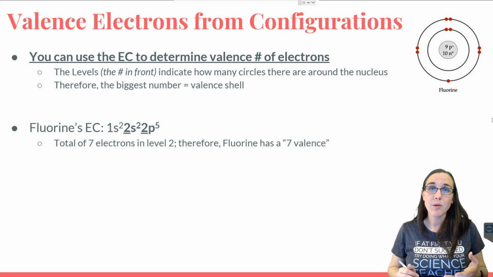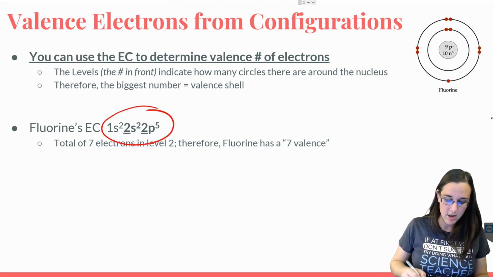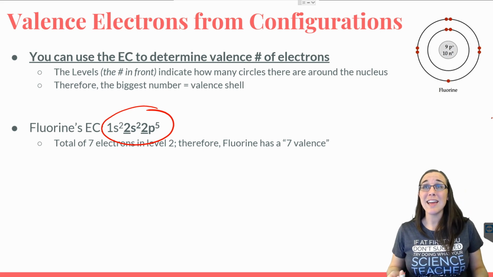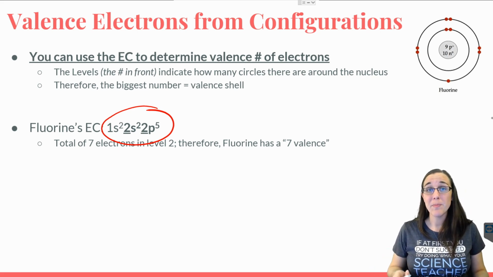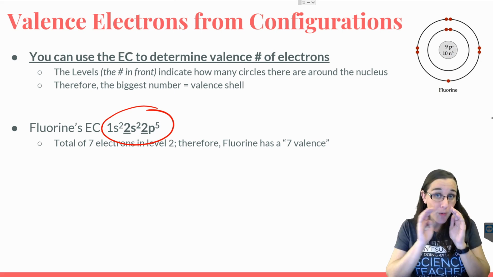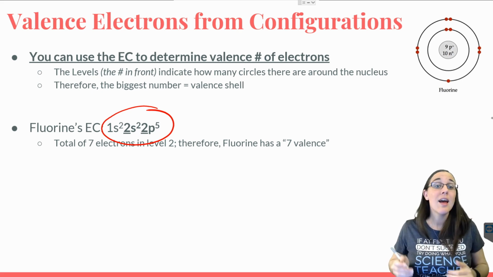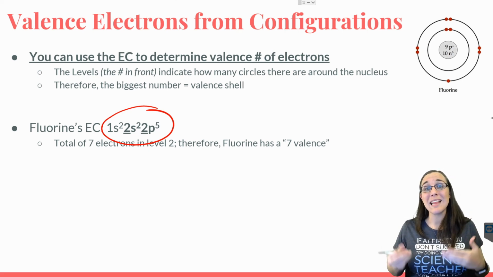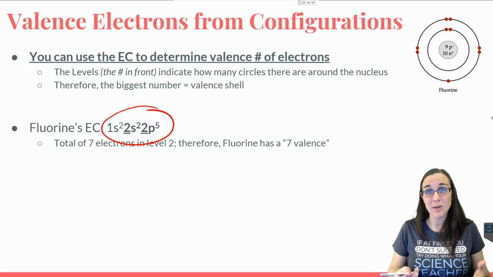For example, if we were going to look at fluorine's electron configuration here, you can see that we're looking at the highest level. Now the highest level in this case would be level 2. Any numbers of electrons, our exponents, if you forgot, are going to be associated with level 2. So those are the ones we care about.